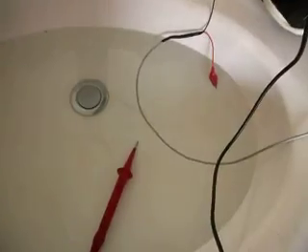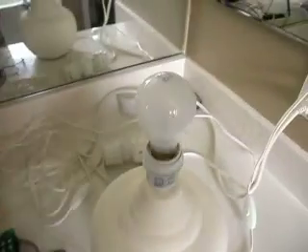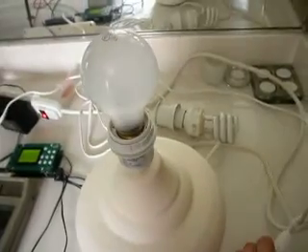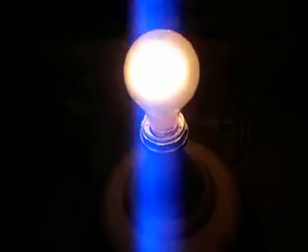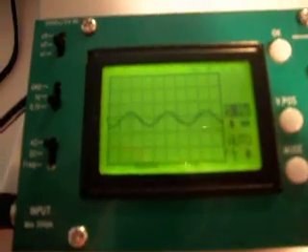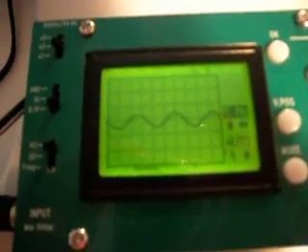Our probes are still in the water. And we have a conventional light bulb, which I'm now going to switch on. And this is our waveform. It's identical. There's no distortion whatsoever on the waveform of the water. And the voltage is identical, 60 millivolts.